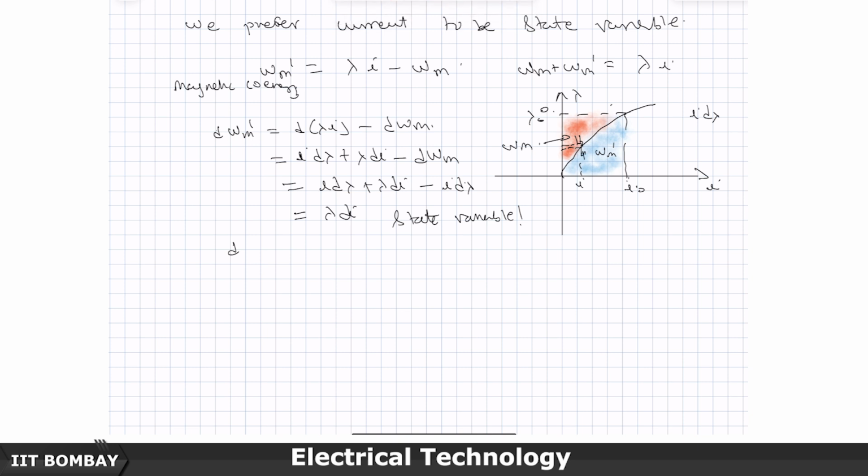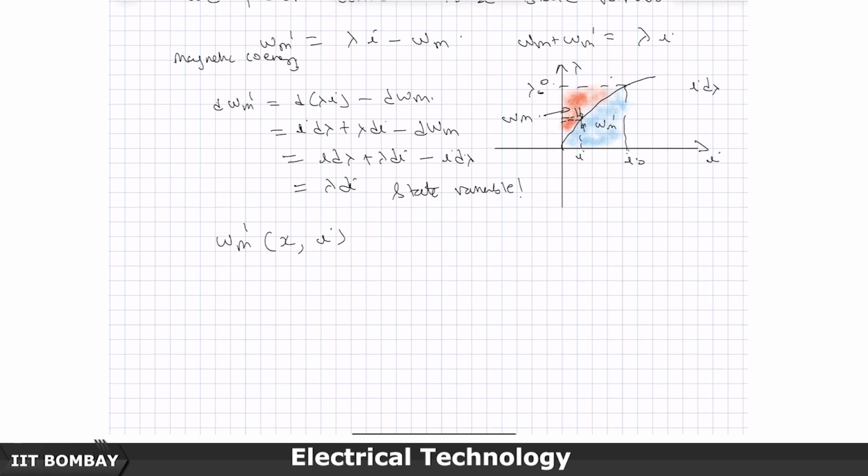So, for co-energy Wm dash, because it is also with machines or relays or actuators, it is a function of x, and it is also a function of I. We can write this as the partial derivative of Wm dash with respect to x times dx, plus the partial derivative of Wm dash with respect to I times di.